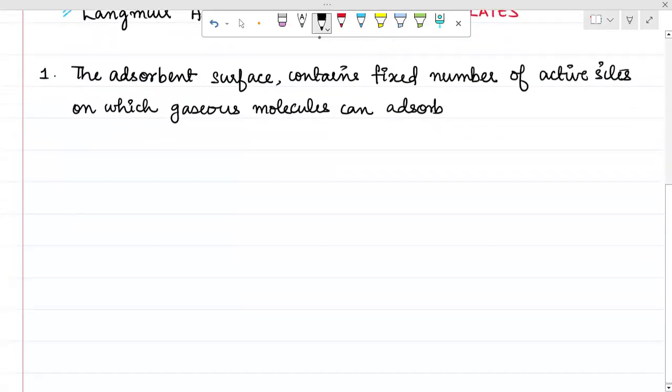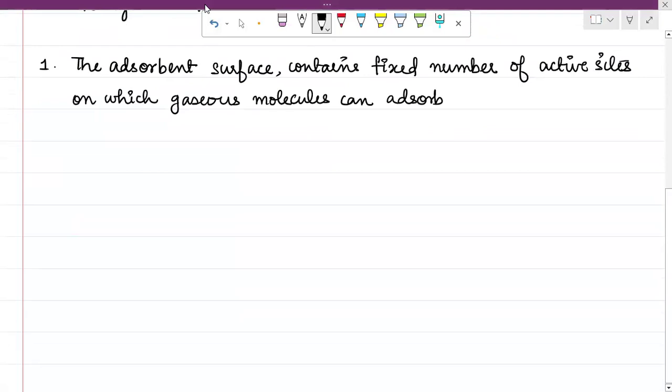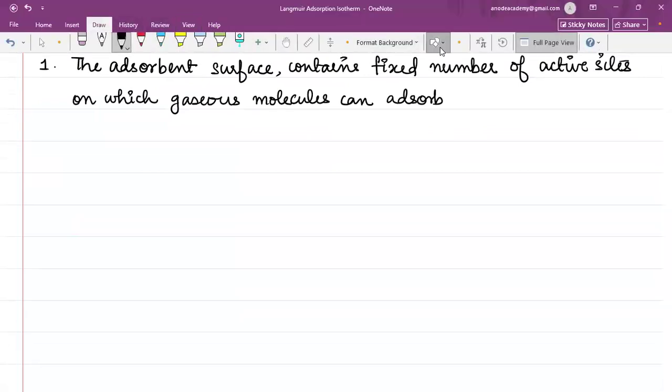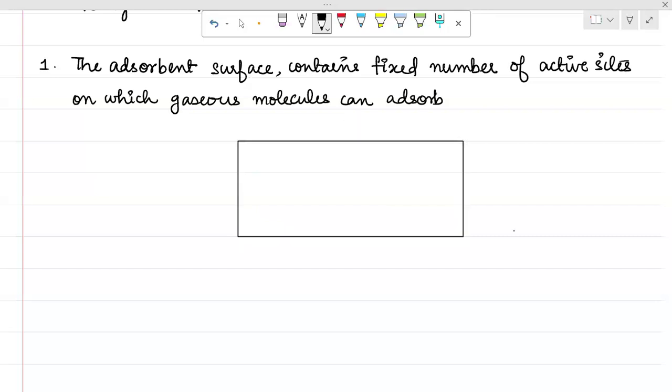Which means, let's say you have a solid surface. The gaseous molecules will occupy something called the active sites, and these active sites that are present on the solid surface are fixed.